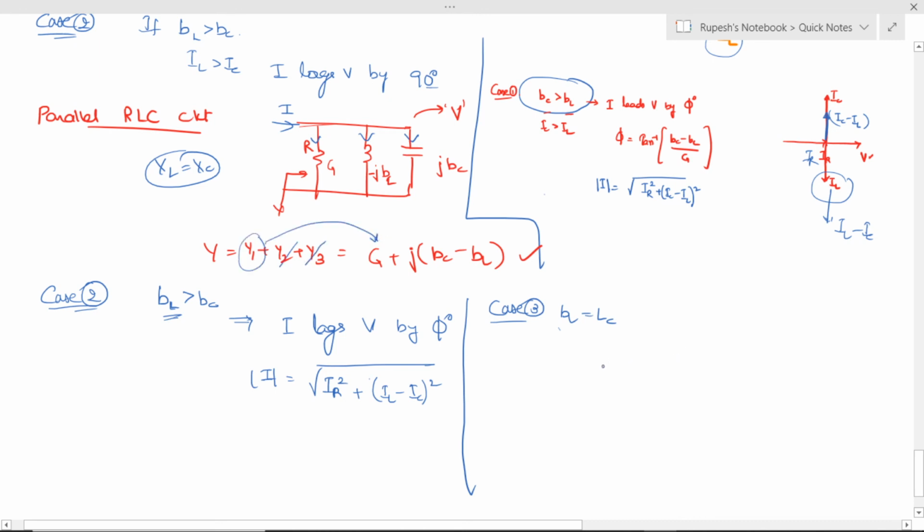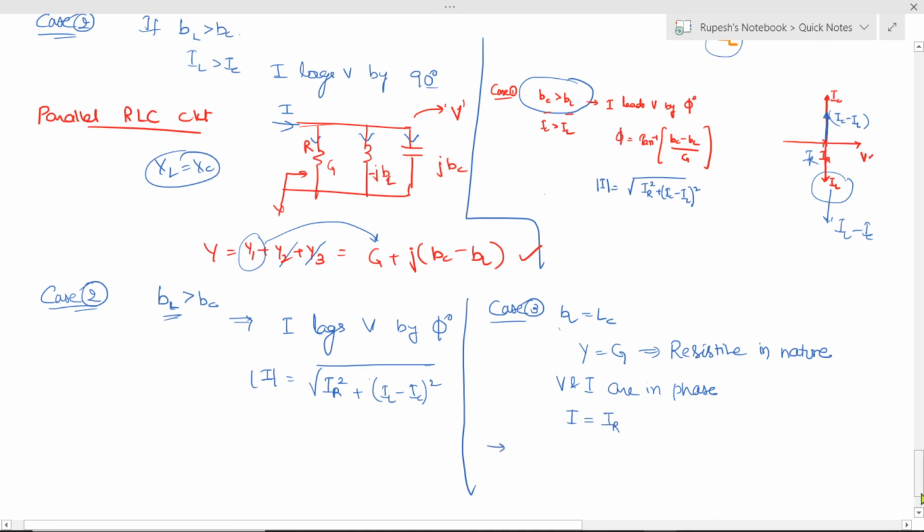That means the net admittance will be G, and the circuit will be resistive in nature. If it is resistive in nature, the voltage and current are in phase. That means the total current is equal to the current through the resistor.